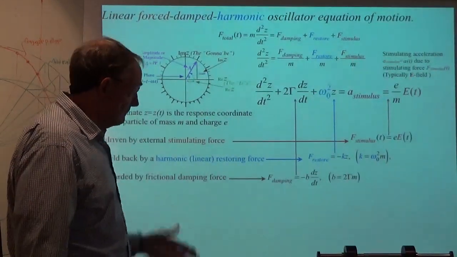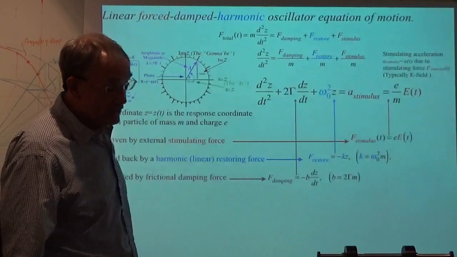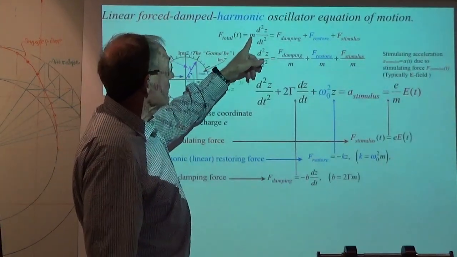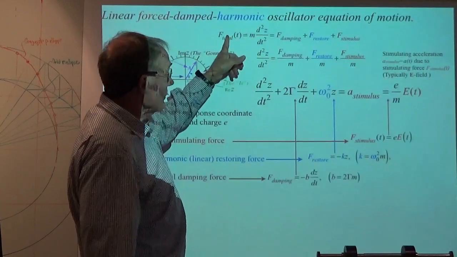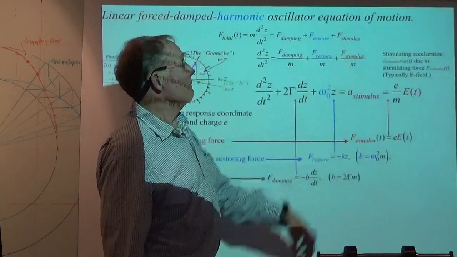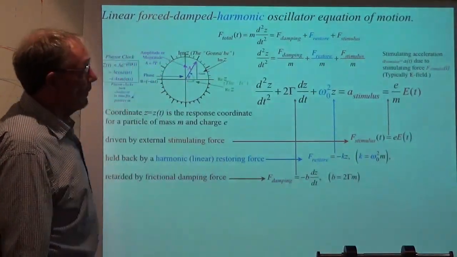That's the idea of the Lorentz theory, to explain that. Now this is just the Newton mass times acceleration equals the total force. And these are the three terms of the total force.